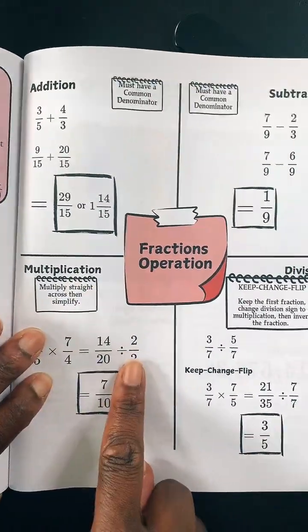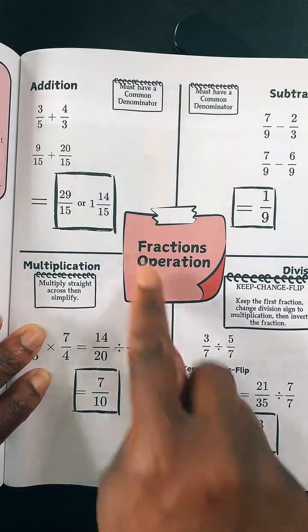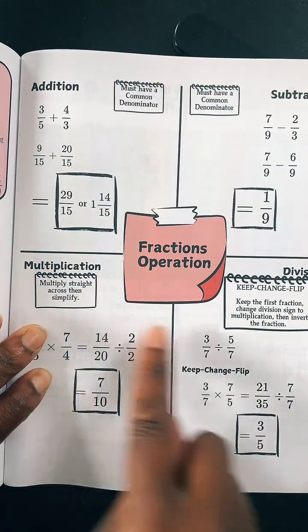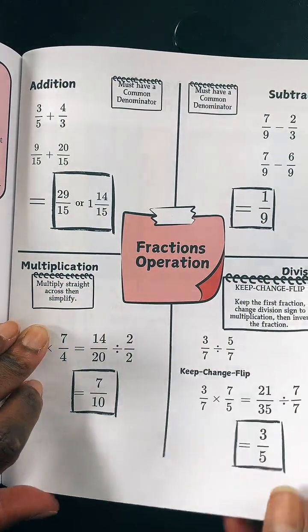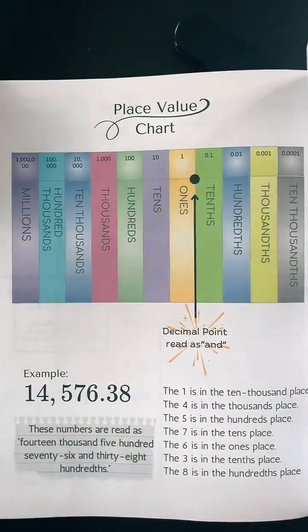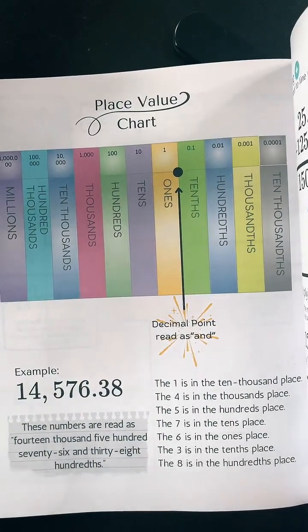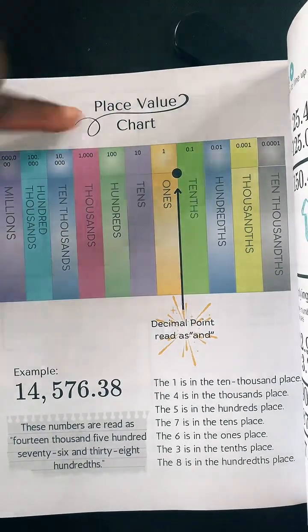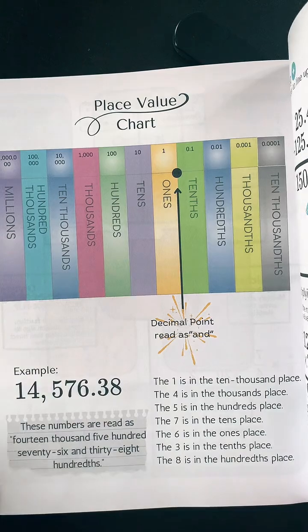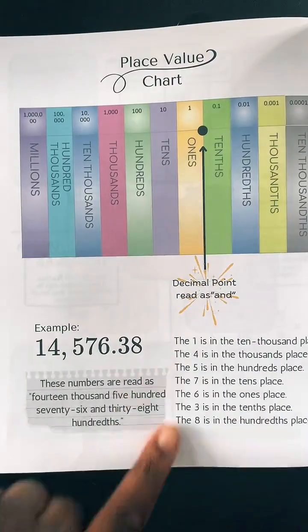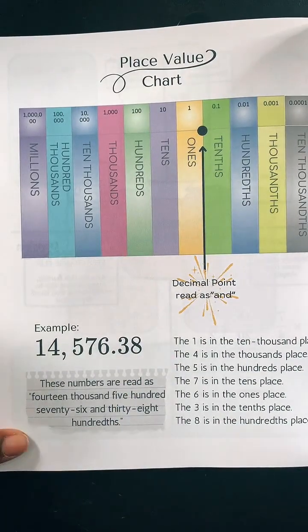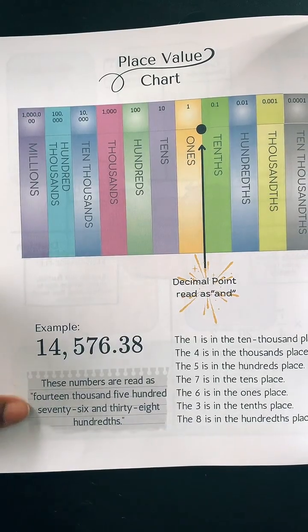For this one, we have the fractions operations with addition, subtraction, multiplication, division. In the gist of that, place values. Notice it's in color. It's not in black and white. So it's easy for the kids to kind of gravitate to what they need. And it gives you an example of how to read these numbers, how it's written out.